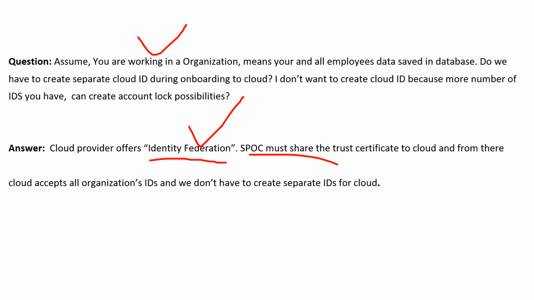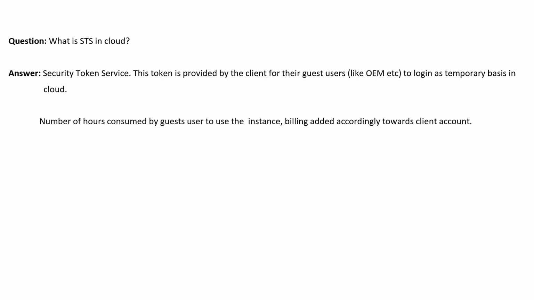So remember identity federation. As I told you earlier, identity federation is a trust certification between cloud and your organization. You can import all your organization's IDs into your cloud. This is the benefit of identity federation.